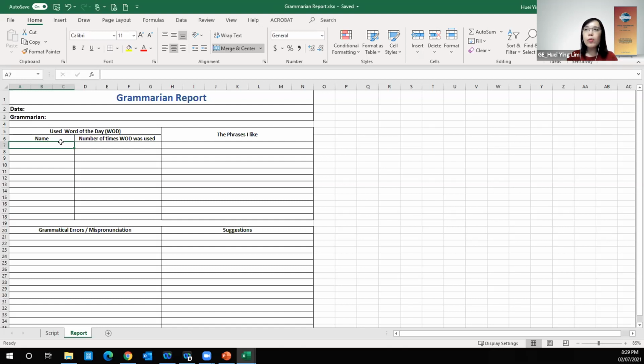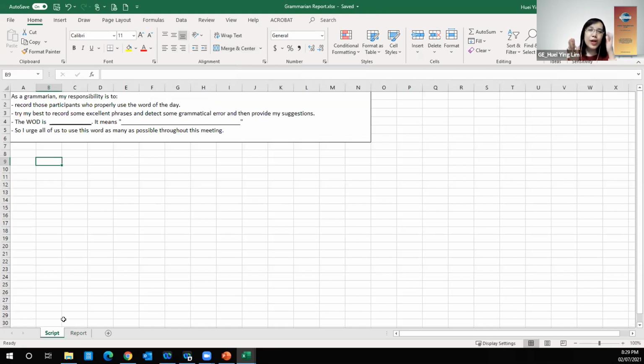Essentially, what the grammarian does, you don't need to be an expert. You can see in this template here, whoever wants to play this role, the Toastmaster of the evening will invite the grammarian to read out her role. There is already a script for you to read.